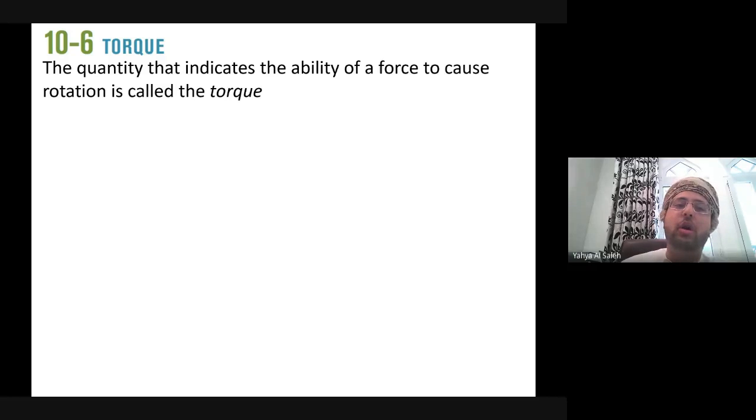And this is what we call torque. Torque is the quantity that indicates the ability of a force to cause rotation. So it's no longer only about how much force you put, it is how able is that force to cause a rotation or not. You will see that sometimes 10 newtons is enough to cause a rotation. Sometimes 10,000 newtons is not enough to cause a rotation for the same system.